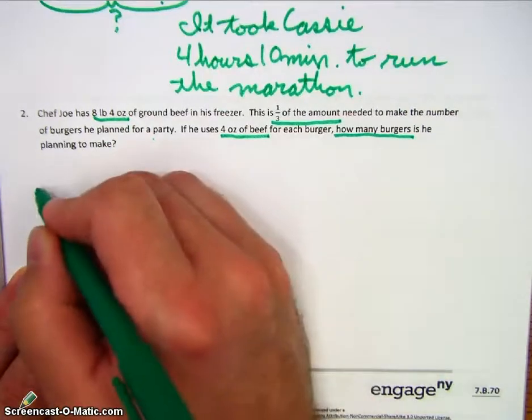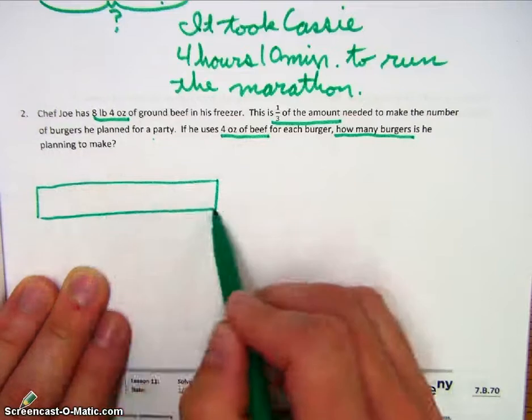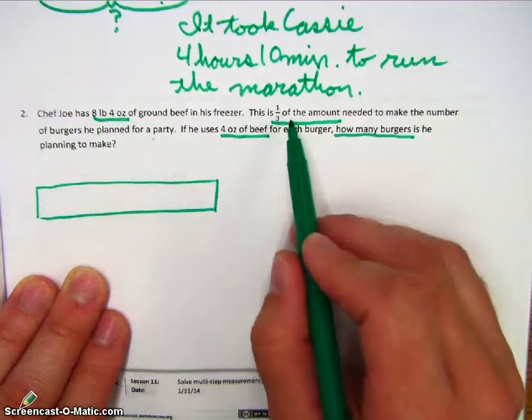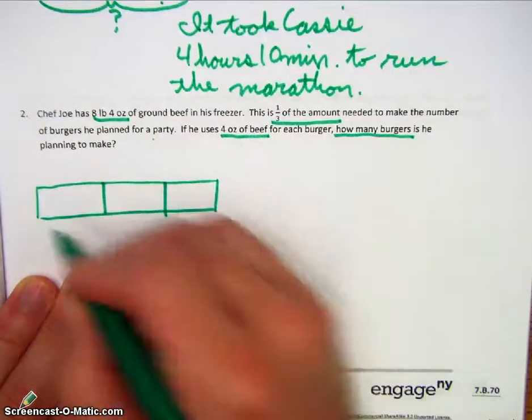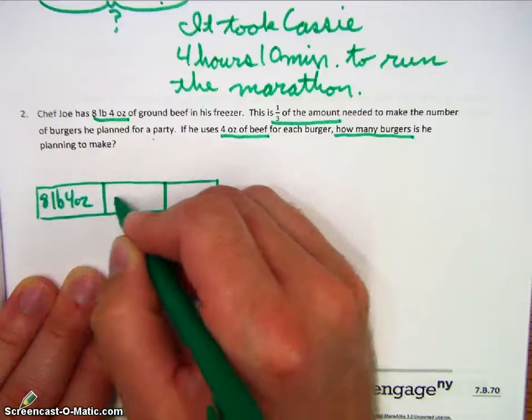All right, so let's set this up. So we have our 8 pounds, 4 ounces, but that's 1/3 of the amount that he needs. So here we have 3 sections because of 1/3. So each section is 8 pounds, 4 ounces.